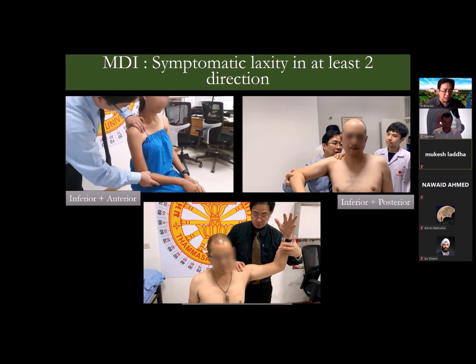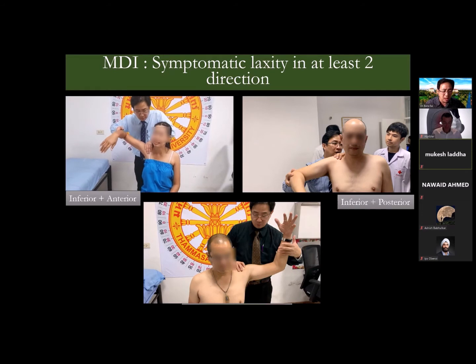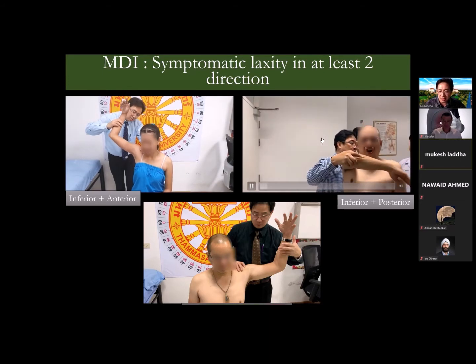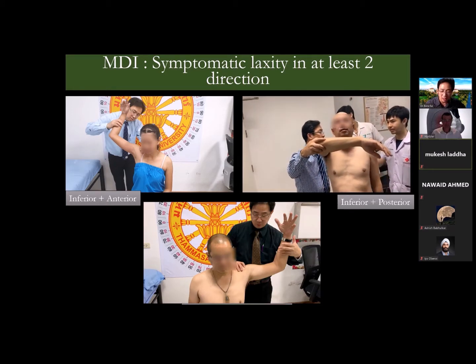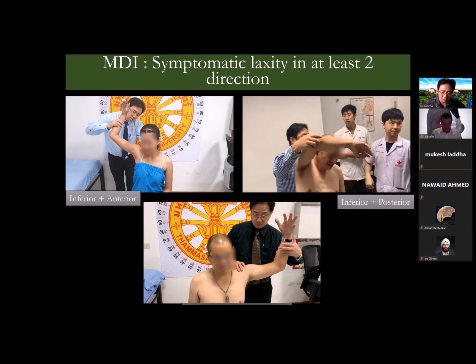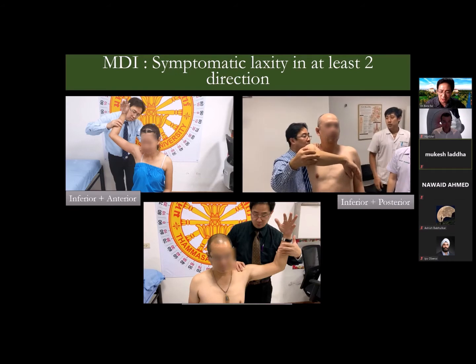You have the sulcus sign positive, and the patient has painful hyperabduction and positive apprehension. This is the anterior inferior. The second scenario is the inferior posterior. This patient has a positive Kim test, with so much pain in this position.